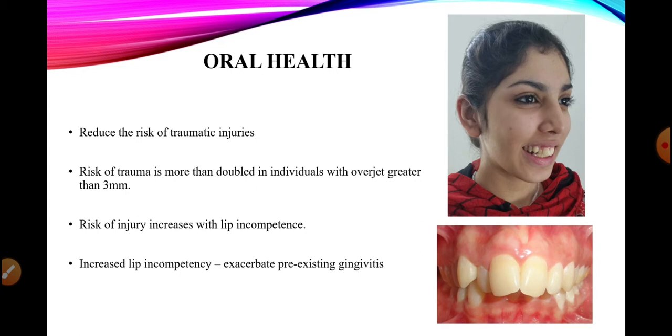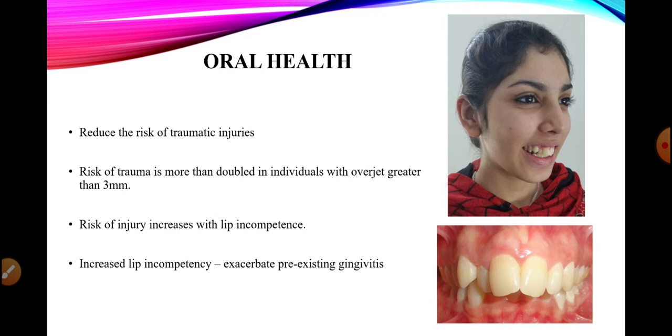Therefore, whenever the overjet and the size of the overjet increases, the risk of trauma to the anterior dentition also increases. In cases of class 2 division 1, there is a skeletal pattern involved as well: the maxilla is forward and the mandible is backward, or a high facial vertical pattern, that may lead to lip incompetency.